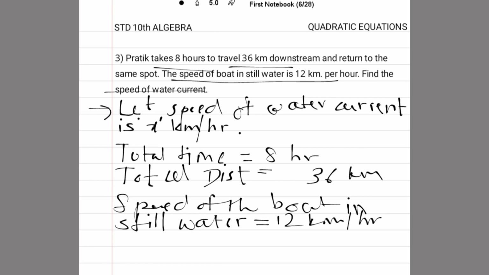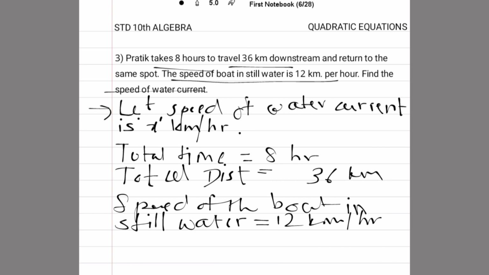Now see, if the water has some speed, the speed of the boat will obviously decrease or increase depending on the flow of the water and the direction of the boat, right? So understand it like this, if the boat is going downstream and the water is going downstream, then the speed of the water will contribute to the speed of the boat, that is the speed of the boat will definitely increase when we go down, right?